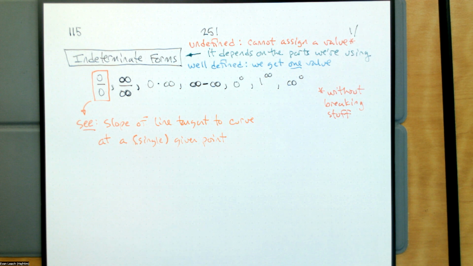This is the first one that we want to look at because it's the first one that I wrote. It's the one that we looked at the very beginning of the semester. We want to find the slope of a line tangent to a curve at a single given point. And the whole problem here is that we only have one point to work with.